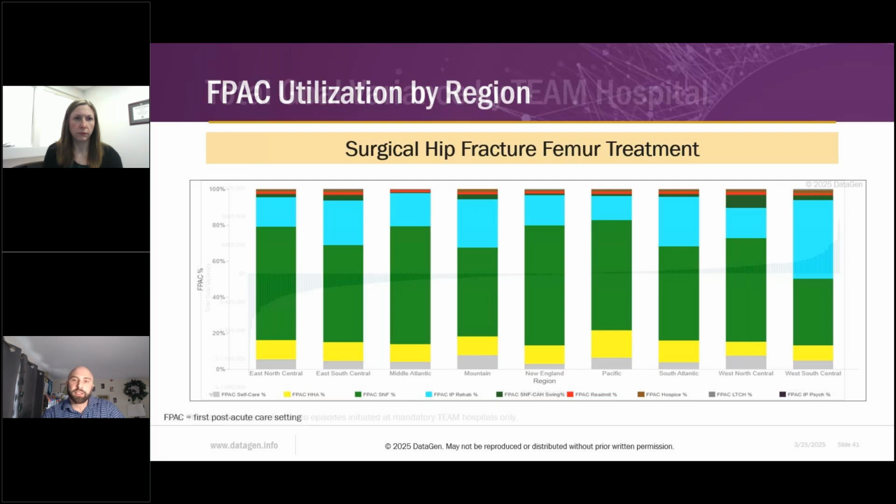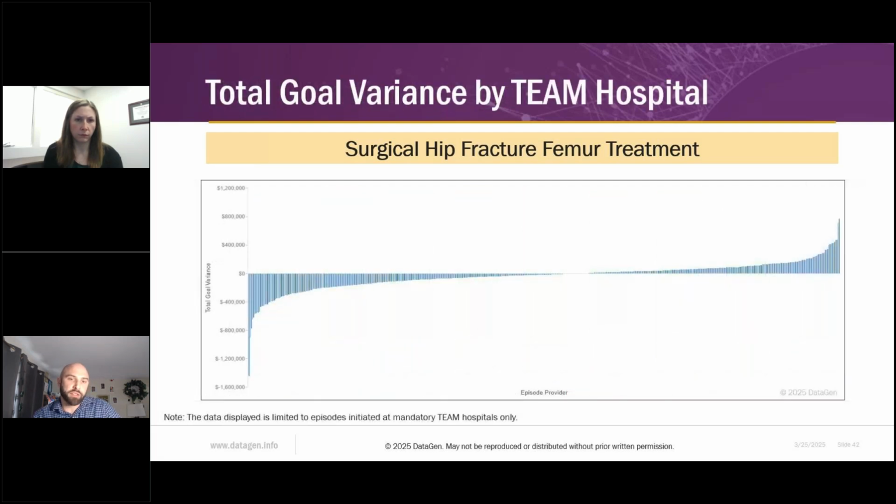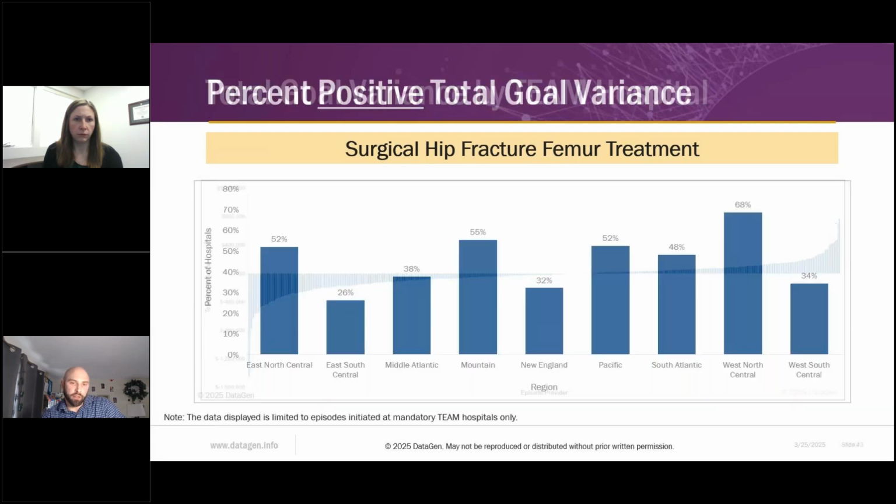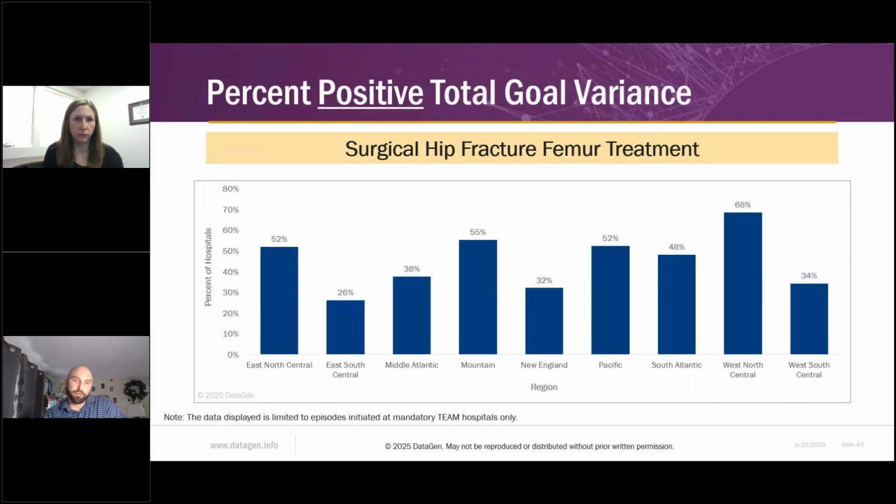And then on the next slide, the provider financial gain or loss. Again, slightly skewed to the right, more providers at a loss than gain. And then again, on the next slide, just the variation across different regions for shift.